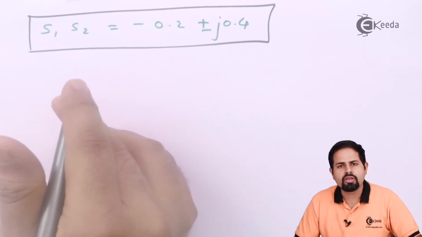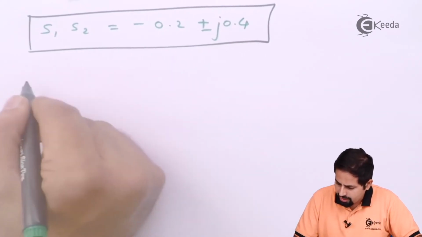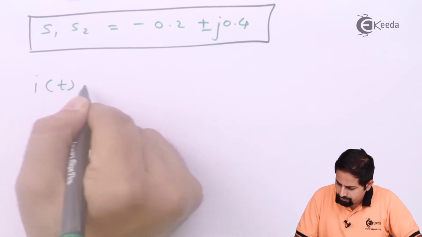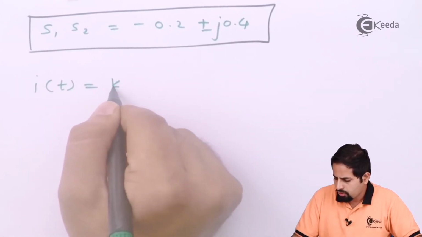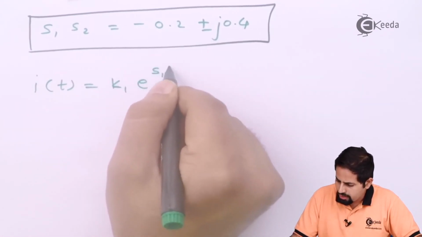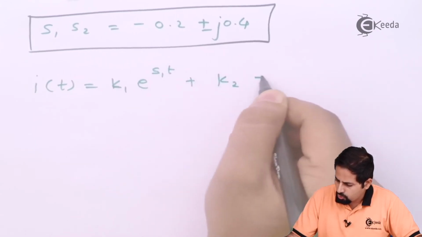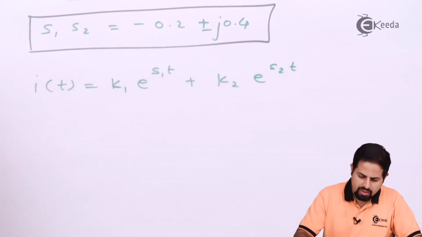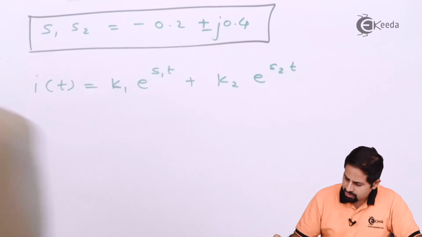Now the standard solution for this case, we know that the standard solution is i of t equal to k1 e raised to s1t plus k2 e raised to s2t. We can mark this as the general solution.